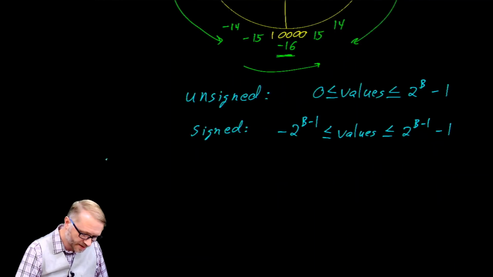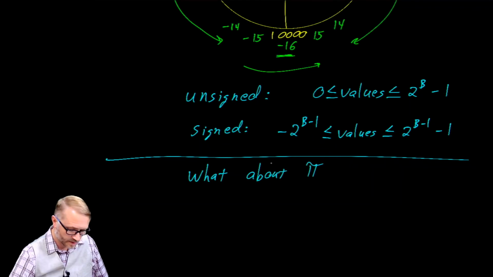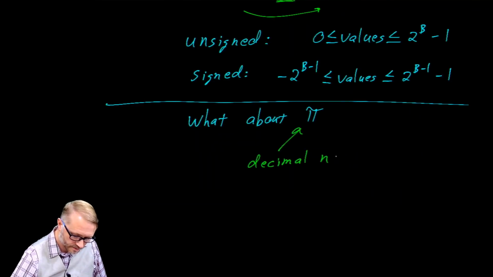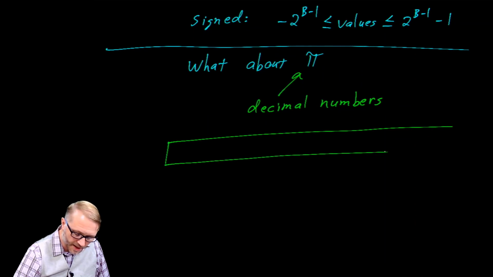What about other numbers, such as pi? Of course, that means we're asking about decimal numbers. Without going into too much detail, know that there is a memory location that is broken into 3 different sections.